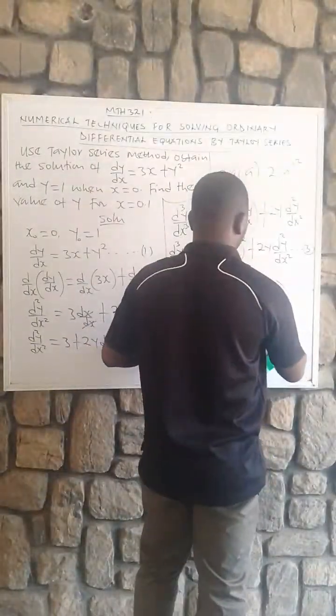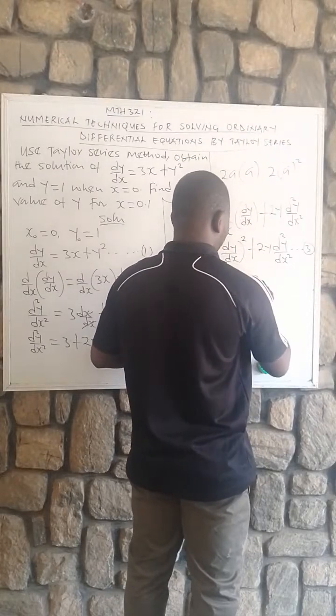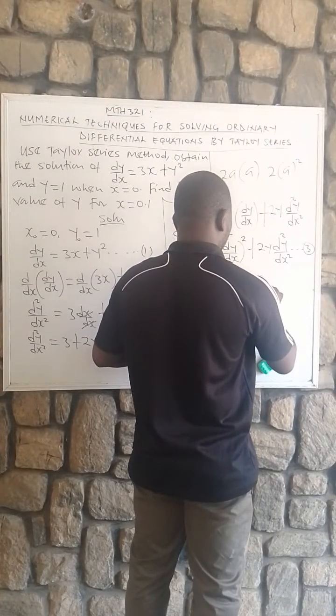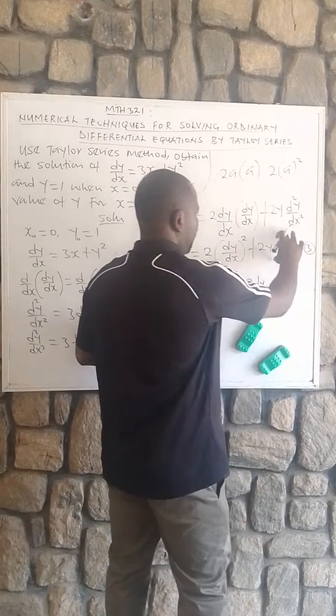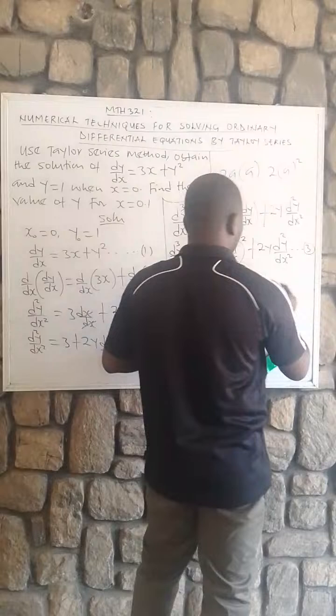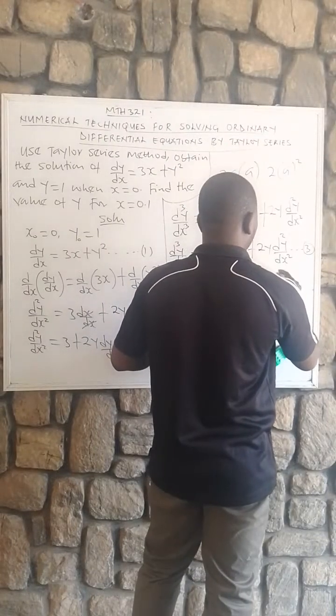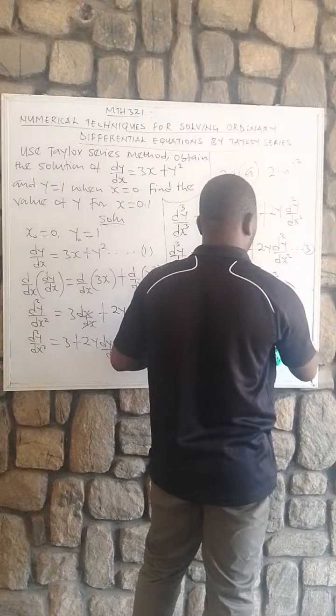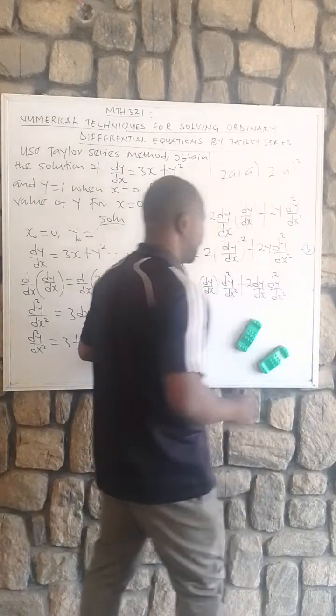With respect to y, we are going to have 2 dy over dx times the constant we hold, d squared y over dx squared, right?